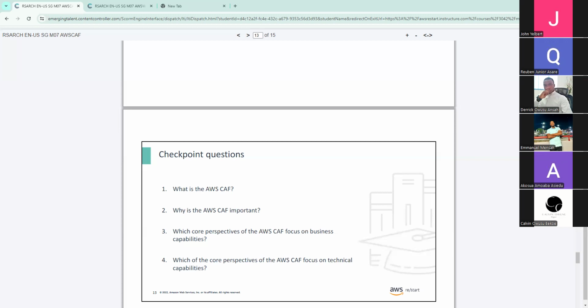Ruben. Hello, Madam Akosia. Well, from my own understanding, I will just describe the two words. That is cloud. What's the next? Adoption. Adoption and framework.